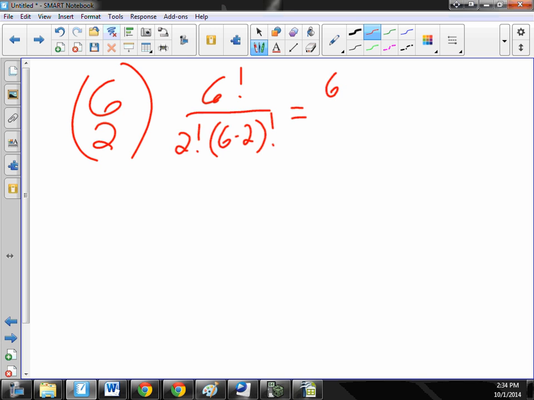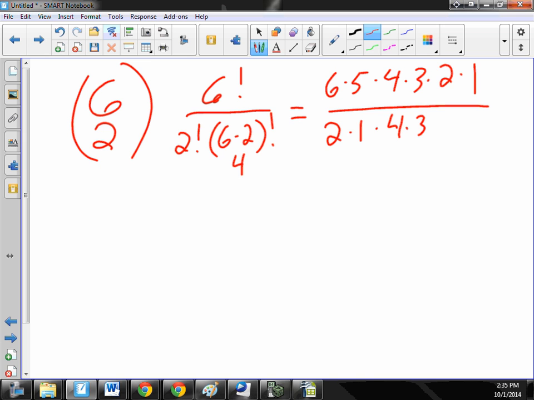So that's 6 times 5 times 4 times 3 times 2 times 1 over 2 times 1 times 4 times 3 times 2 times 1. Now we just play the canceling game. 3 times 5 is 15. It's not bad. But if you have the triangle, just use the triangle.